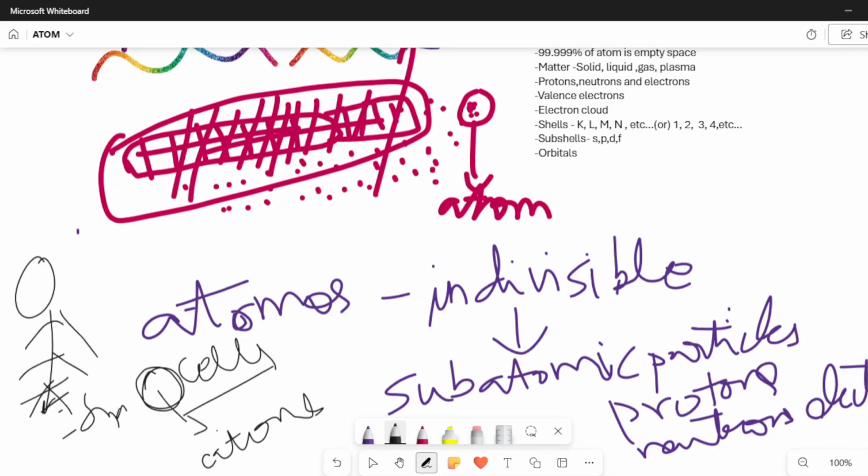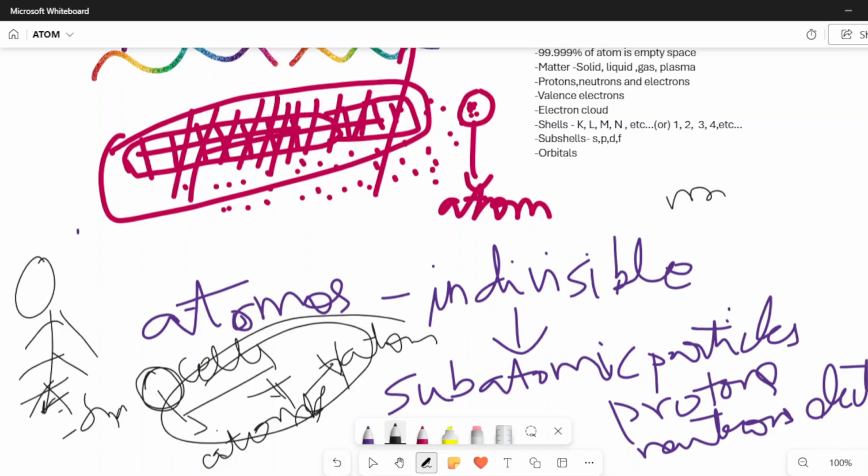When many atoms keep joining, two, three, four, five, all atoms join and they create something called matter. So we are all matter, whether living or dead, we are matter.